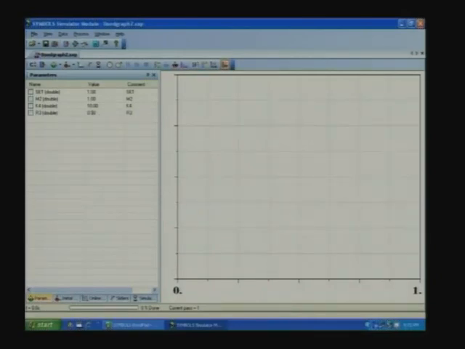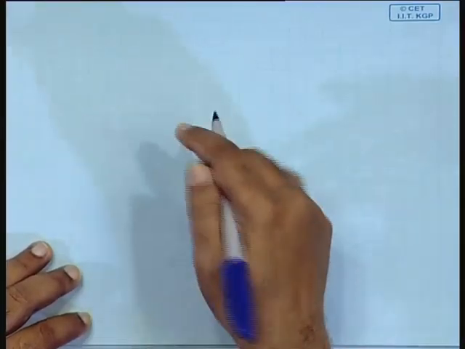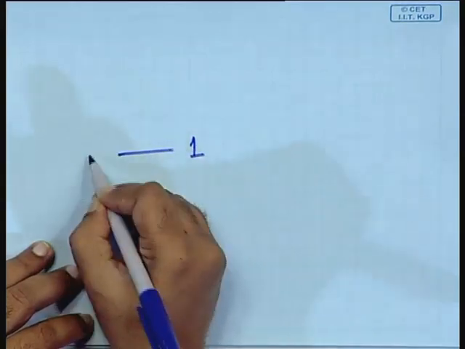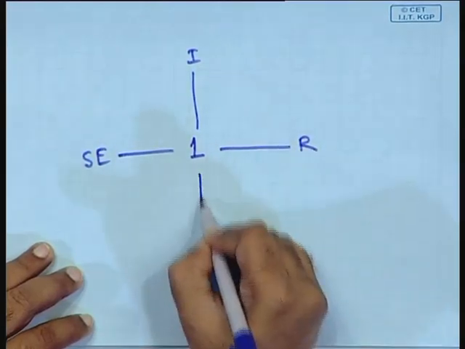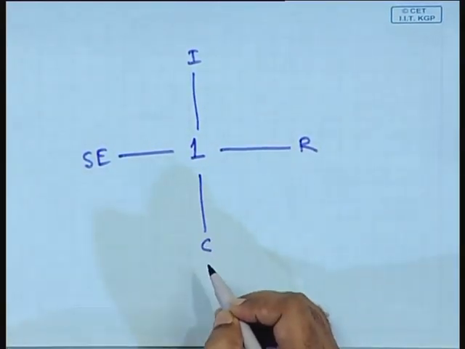Now, write down these values. M2, the mass, is 1 kg, K4 is 10, R3 is 0.5. Okay. In this case, the bond graph was, let us come back here, yes, 1 SE I R C, fine.